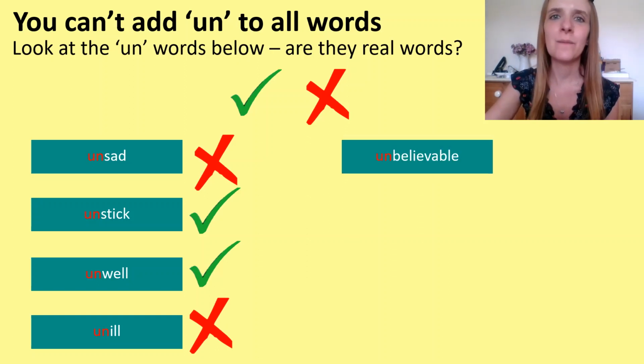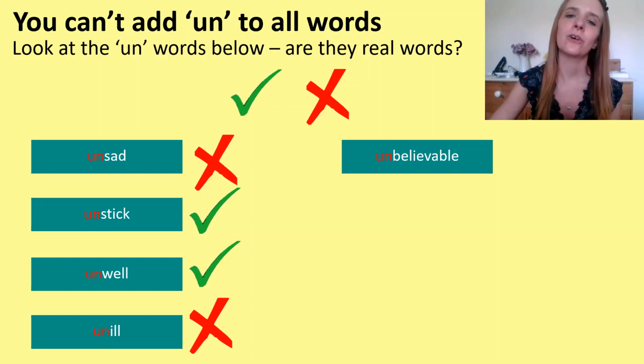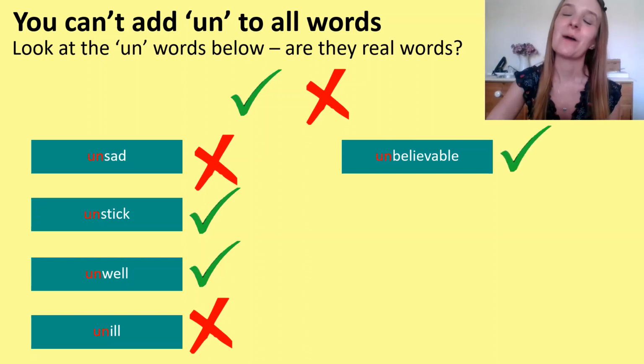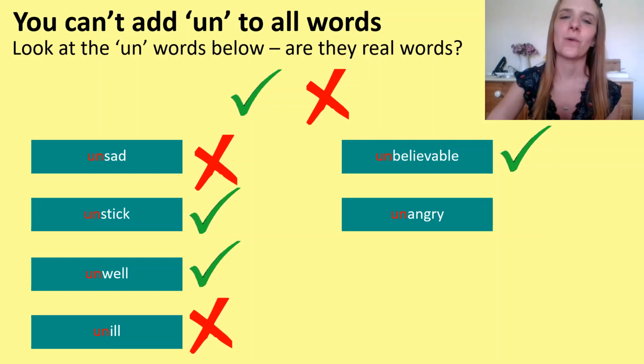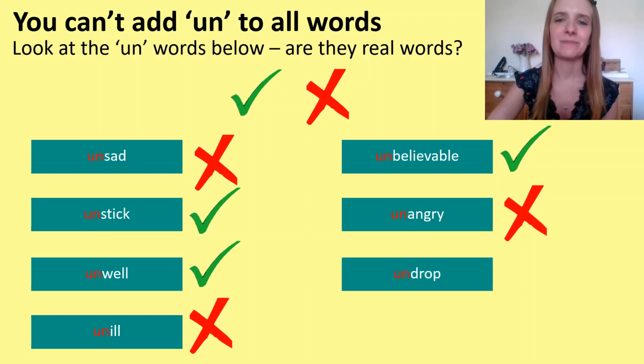Okay, we've got the word unbelievable now. What do you think about the word unbelievable? Do you think it's real or not real? Unbelievable is a real word. Okay, we've got the word unangry. Do you think that's a real word? No, unangry is not a real word.